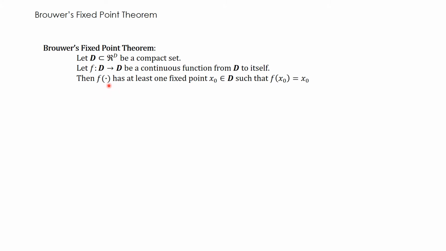Then the function f has at least one point x naught in D such that f of x naught equals x naught. Since it's a mapping from D onto itself, f of x naught equals x naught is plausible, and in fact there exists at least one such fixed point, f of x naught equals x naught.